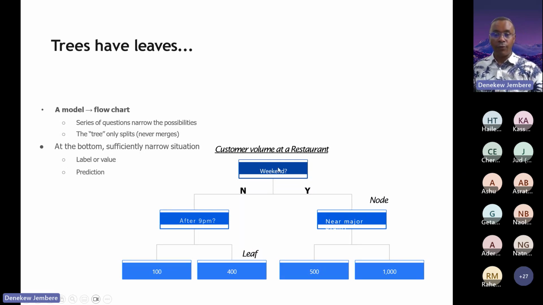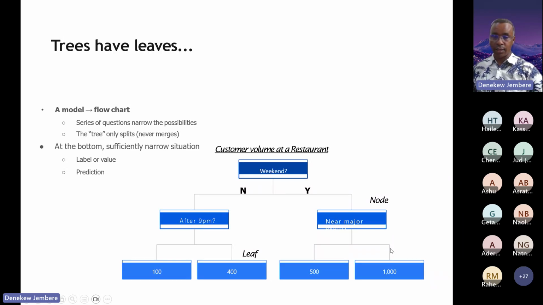If we take the data, is it the weekend? Yes or no. If it is yes, then we go to the right direction. If it is no, to the left direction. If it is the weekend, is it near a major event, yes or no? Then we move in one other direction.